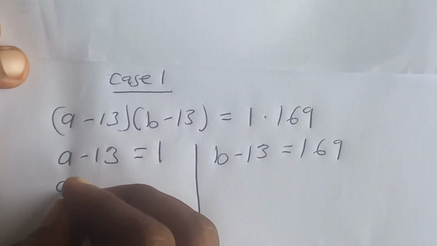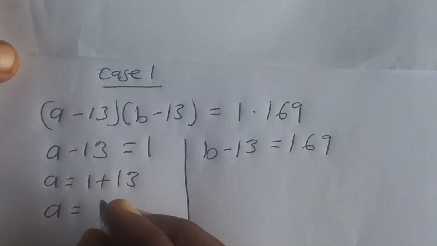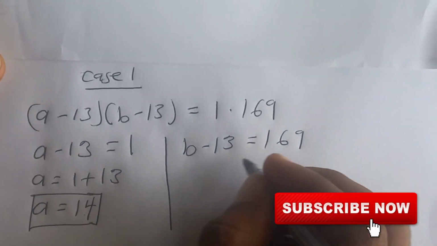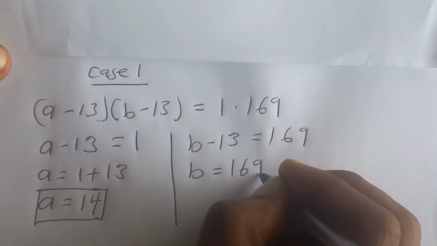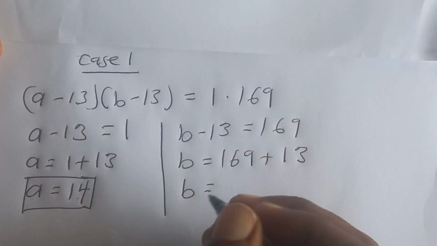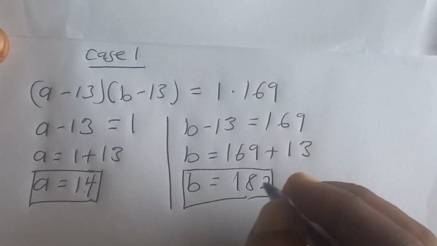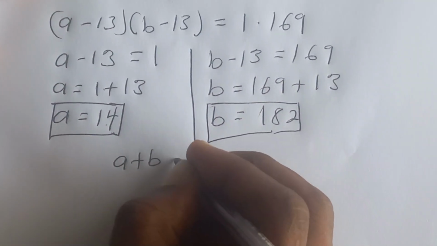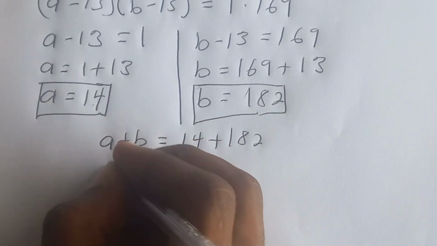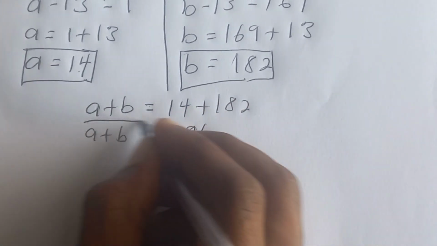So in this case, A is equal to 1 plus 13, which is 14. Now, B is equal to 169 plus 13, we are getting 182. So for case 1, A plus B is equal to 14 plus 182, which is 196.